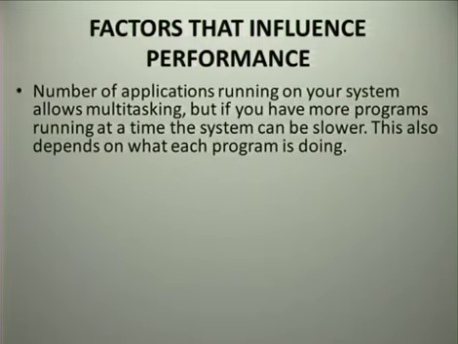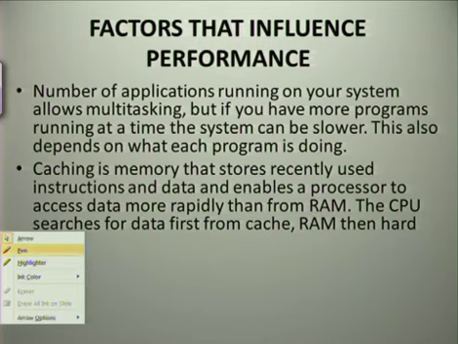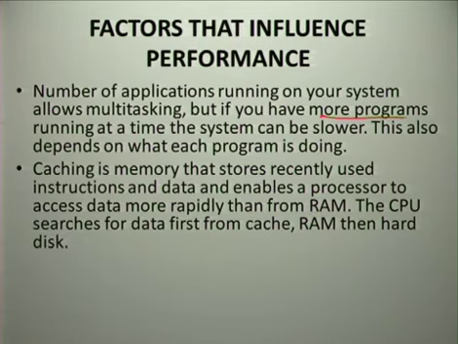If a number of applications are running on your system, it allows multitasking. But if you have more programs running at a time, it can cause your system to be slower. This also depends on what each program is doing.